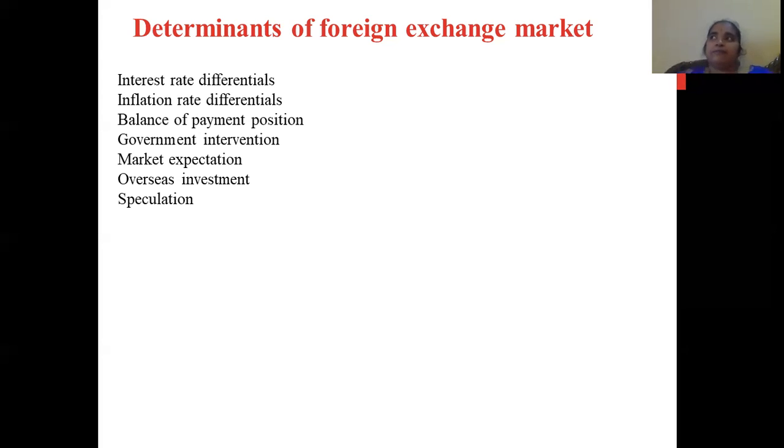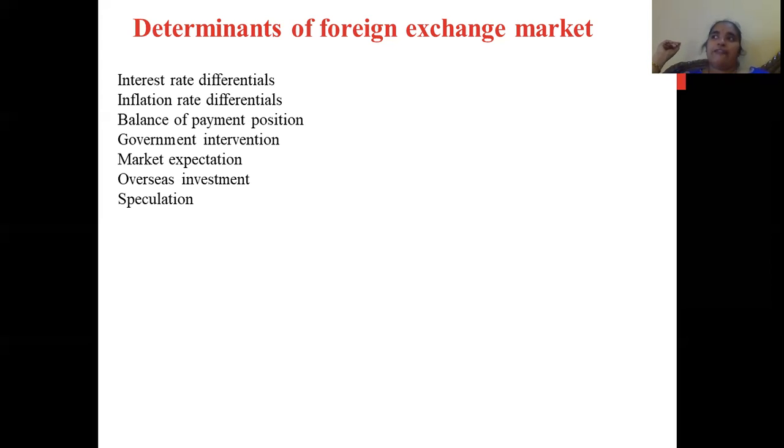and thereby the demand of that currency will increase. So there will be an increase in the exchange rate. Similarly, if you talk about deposit rates, the interest on deposits in country A is 6% and in country B it is 8%.